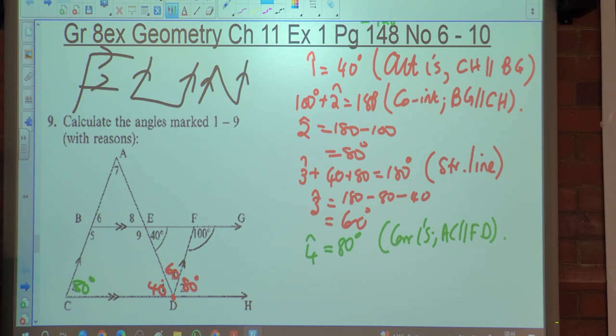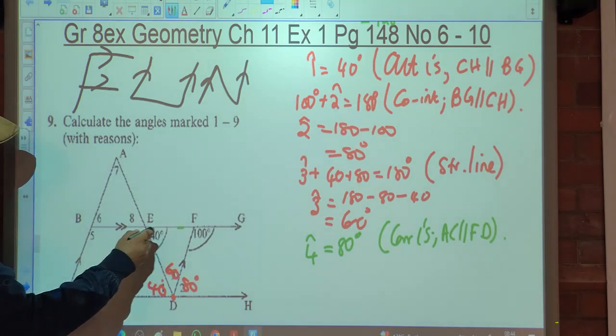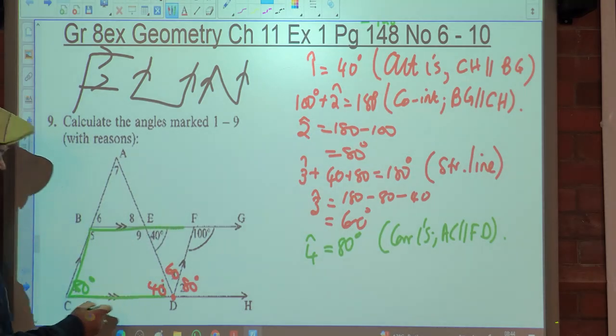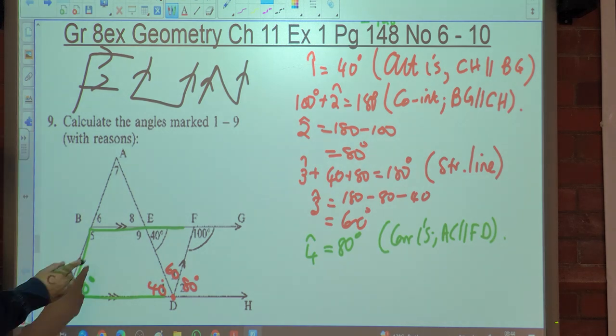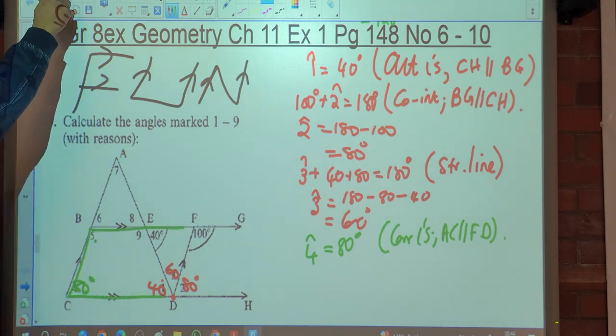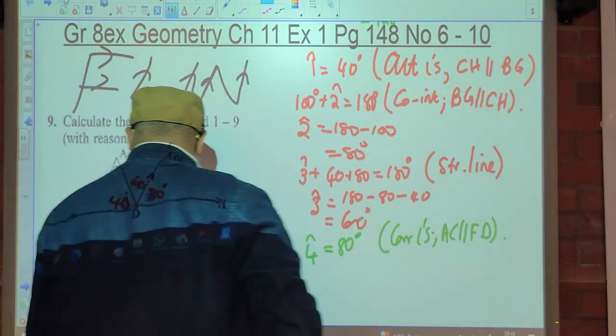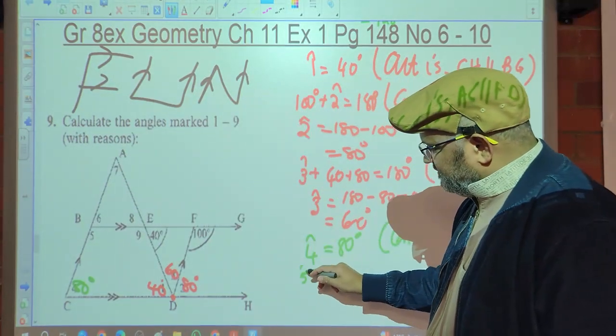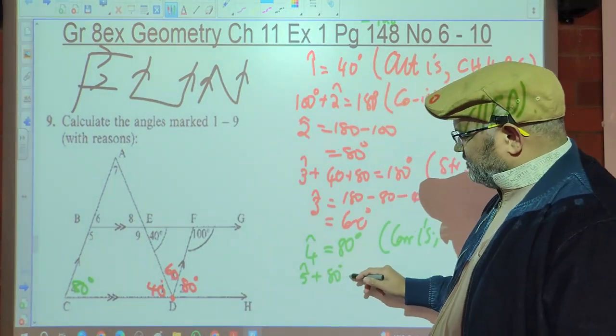Number 5, I'm going to calculate angle 5. The interior angles. Can you all see the U? So angle 5 plus angle 4 equals 180. So angle 5 plus 80 degrees is equal to 180.